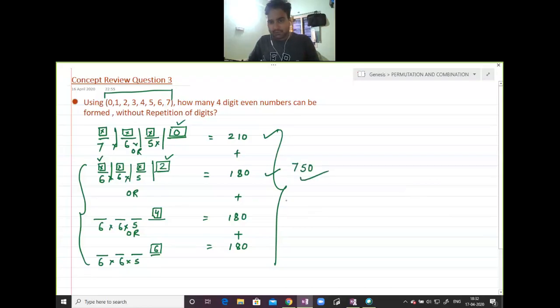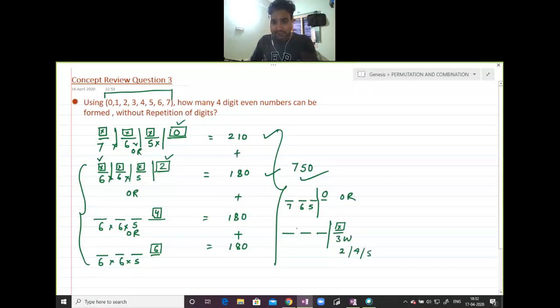Now remember, many smart people will not go this way. Many smart people will make just two cases, that's all. One case with the 0 and the other case with non-zero digits at the last. One case with the 0 here. So we'll get here how many ways? 7 into 6 into 5. And the other case with non-zero digits at the last position, so 2, 4 or 6. How many ways? 3 ways directly.